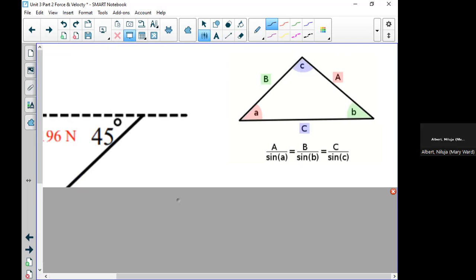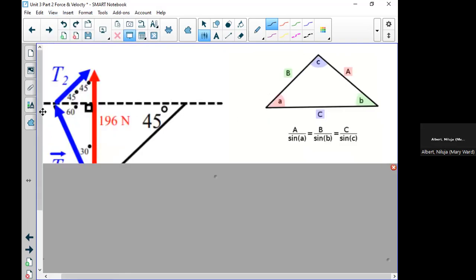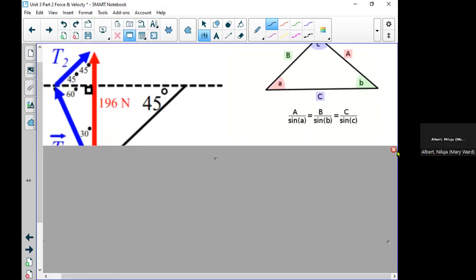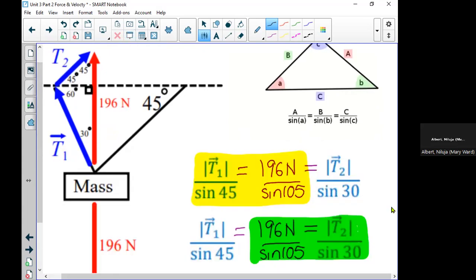According to our vector diagram, and let me zoom out again. Okay, so according to that vector diagram, all of my side lengths and their opposite angles are going to be equal.